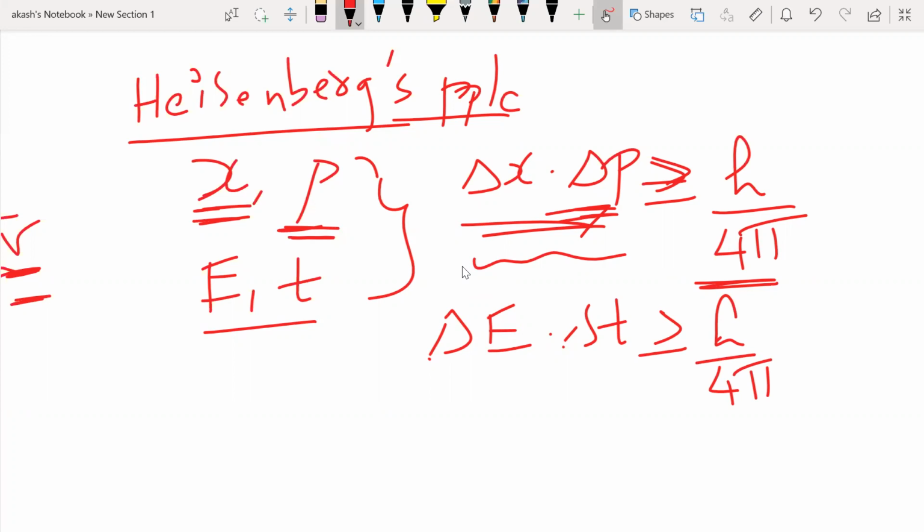So we saw all the demerits of Bohr's atomic theory. All these are important, people. Everywhere it's just going to be formulas and questions, as simple as that.